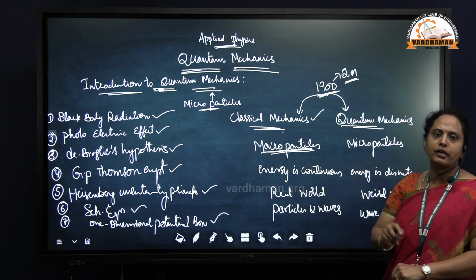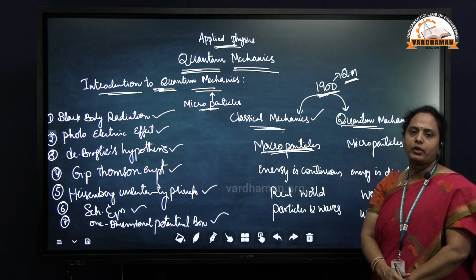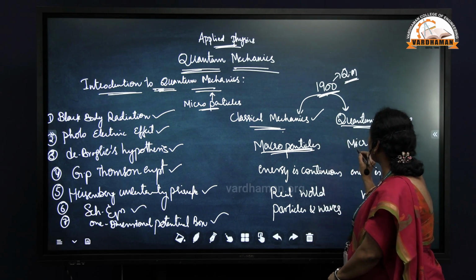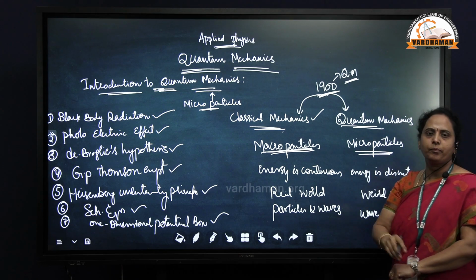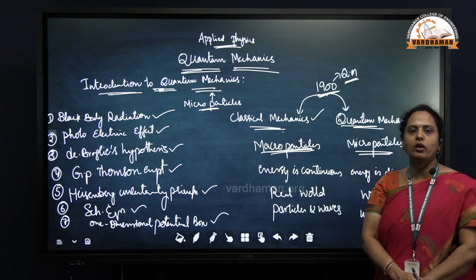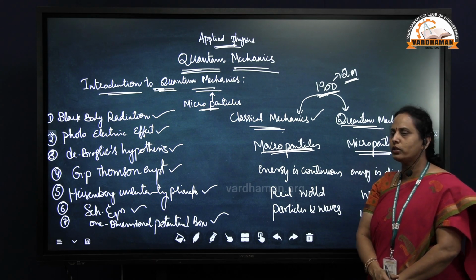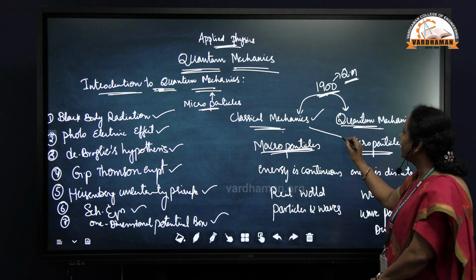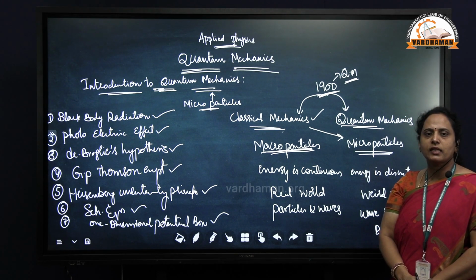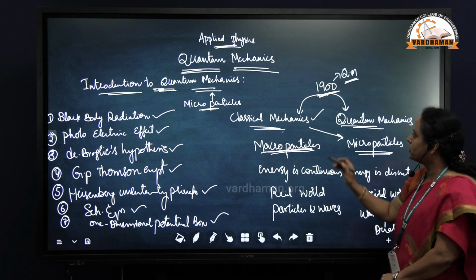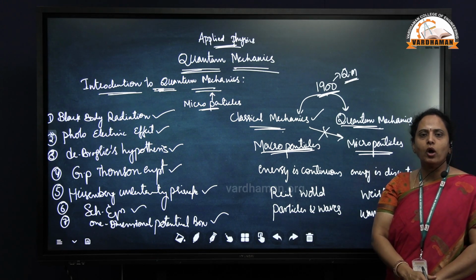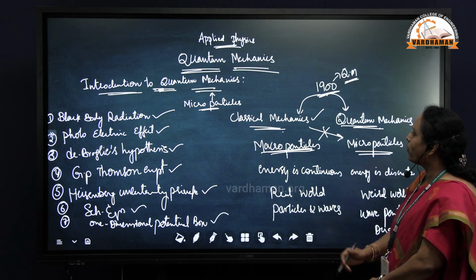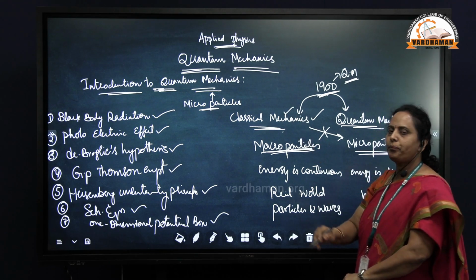We can easily estimate its dimensions. But after the introduction of microparticles, scientists thought they could explore these particles also by the postulates given by classical mechanics. But they failed. They could not explore these tiny particles using the postulates of classical mechanics.